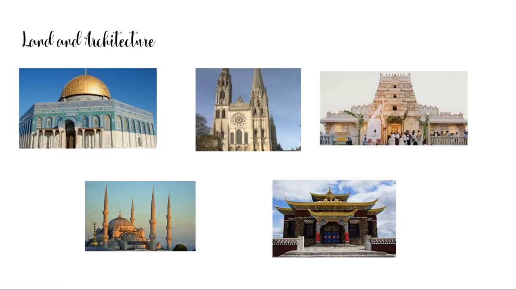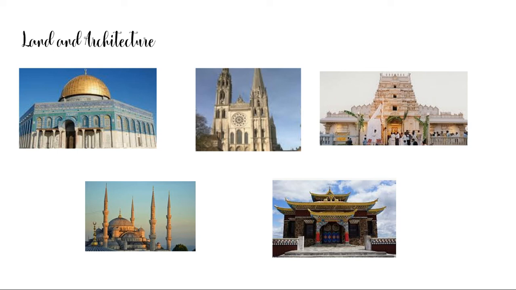You should also know the different architecture regarding each religion. So the first picture you see on the very left at the top is a Jewish temple, and Jewish temples don't really have a specific architecture. The next one in the middle is a cathedral. That's for Christianity.